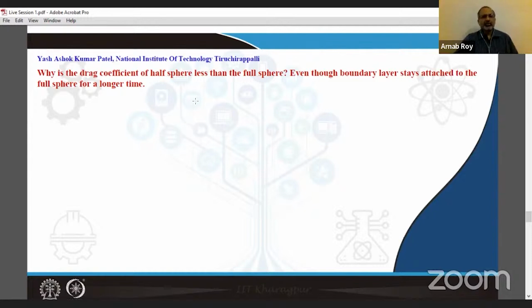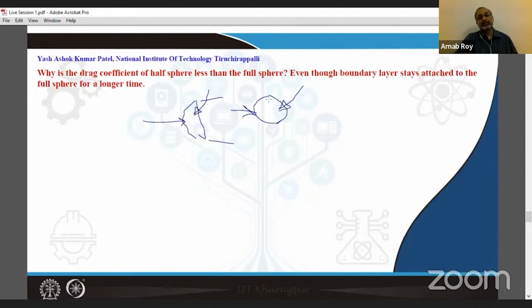I'm not very sure whether you have something like this in mind, that you have a sphere which you have cut into two. So you have a full sphere and you have a half sphere, and you are exposing both of them to a free stream flow like this. Well, my argument would be that this body is expected to have lower drag than this one, because the half cylinder would have a very large separation region over here.